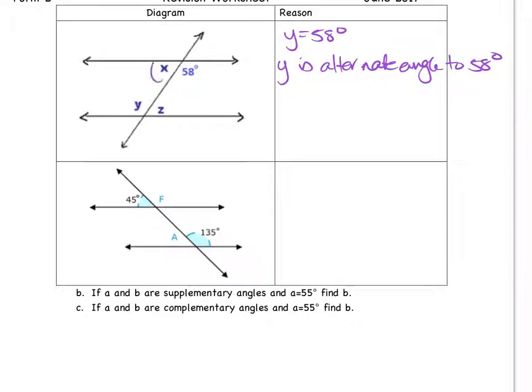And now we want to work out x and z. So we can work out x. X will be 180 minus 58, and that will give us 122 degrees, and the reason is angles in a straight line.